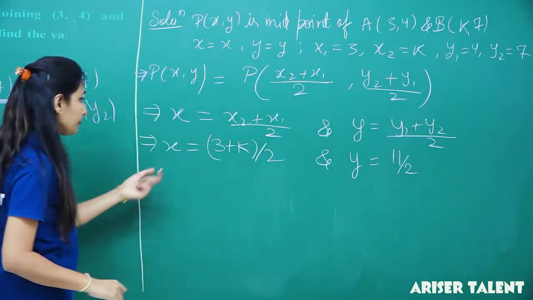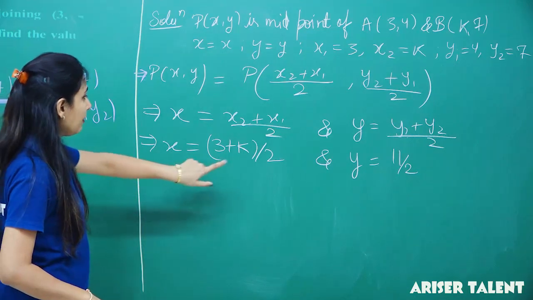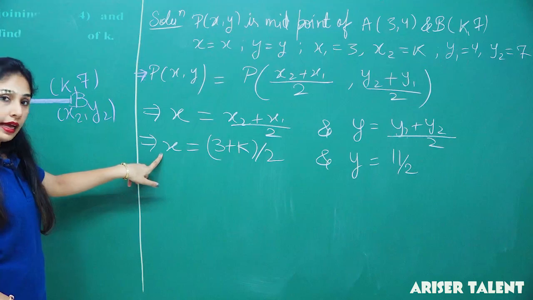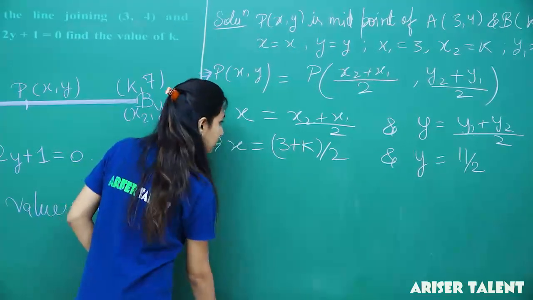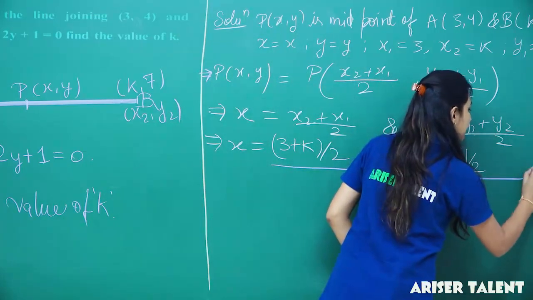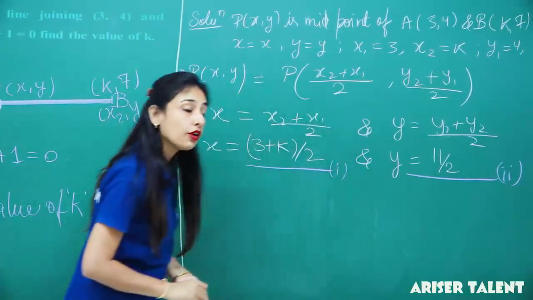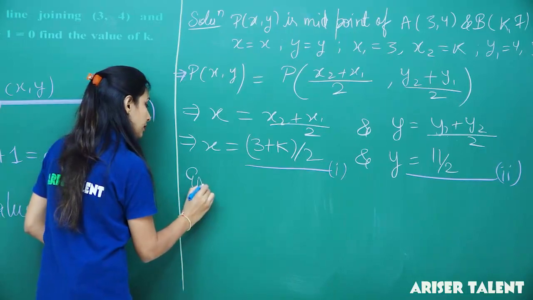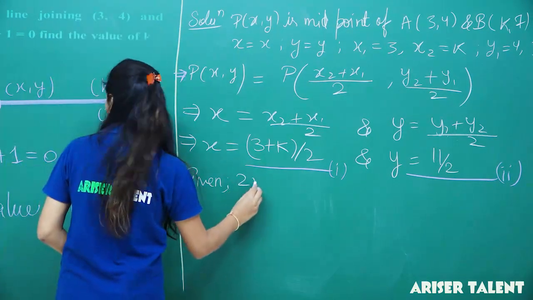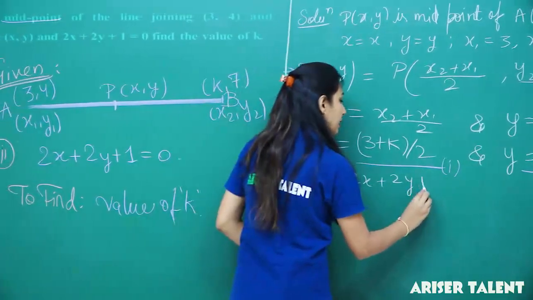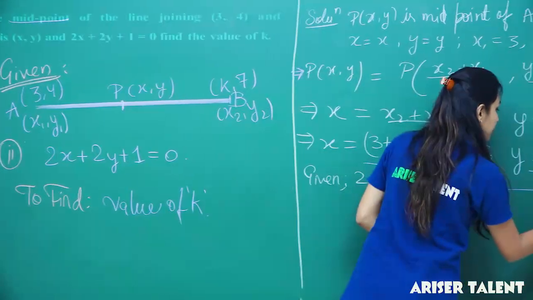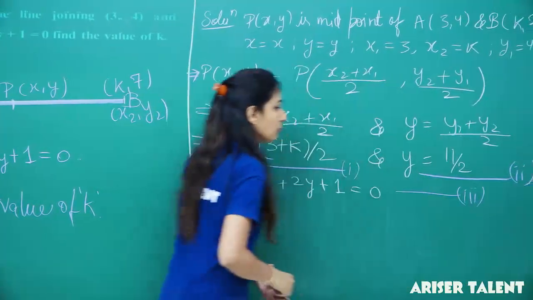Okay. Now you have the value of y, you have the value of x. So this is your equation number 1. This is your equation number 2. But given is what? Given 2x + 2y + 1 = 0, which is your equation number 3.